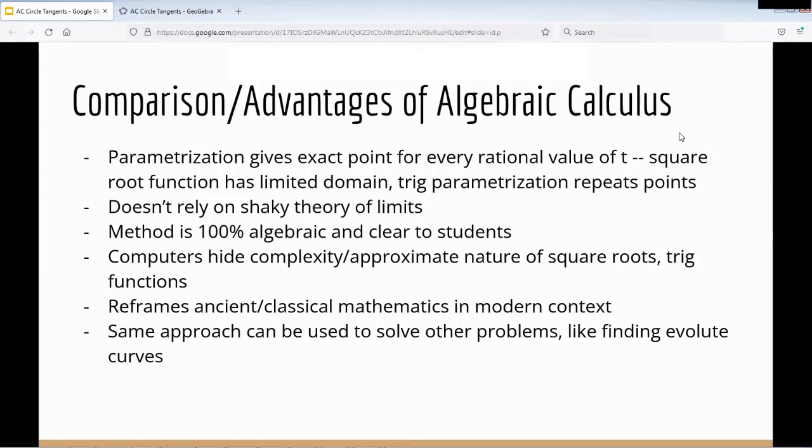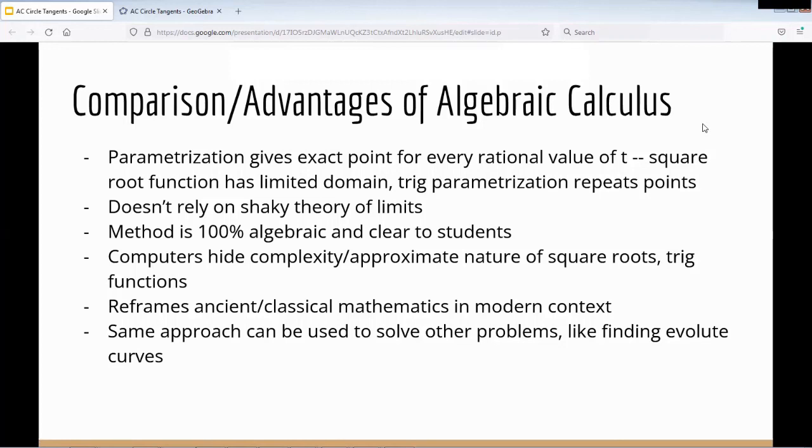But really, the way that we found a tangent line can be done for any curve that is parameterizable in some kind of algebraic notation, where you find the line of two generic points, you factor out where those two parameters are the same, and voila, like magic, you have a tangent line with no limits, with no nod to infinite processes, no speculation or hand waving or anything like that.